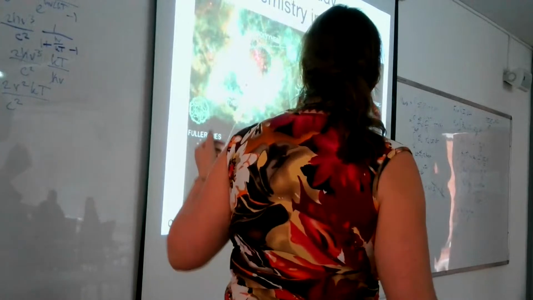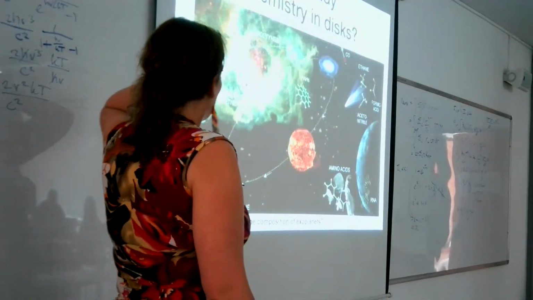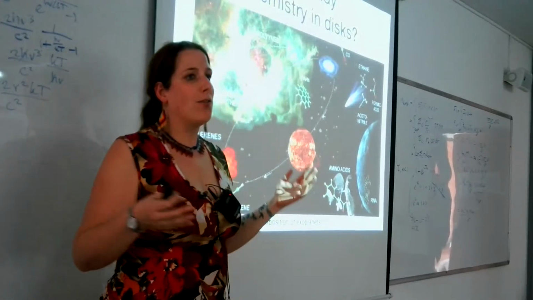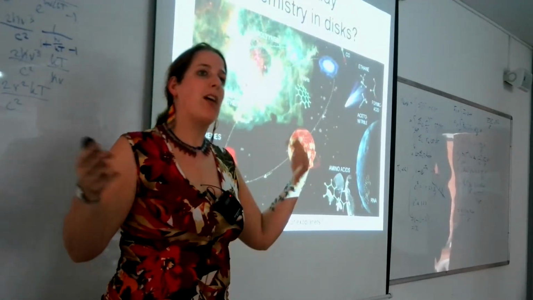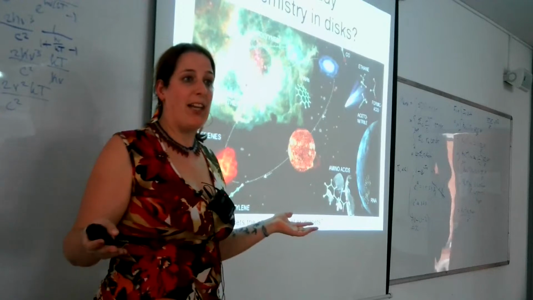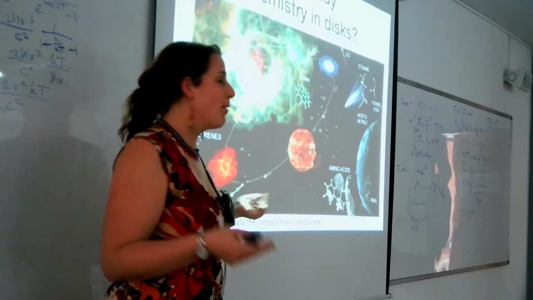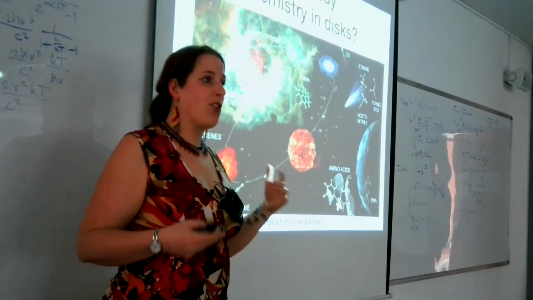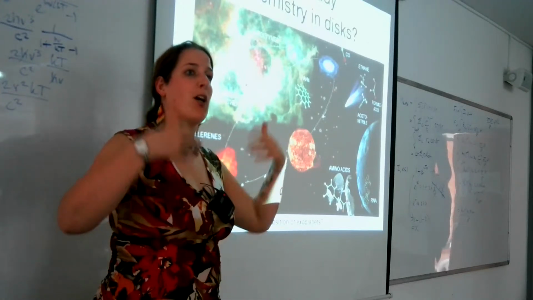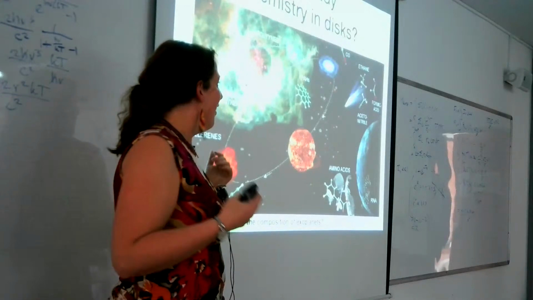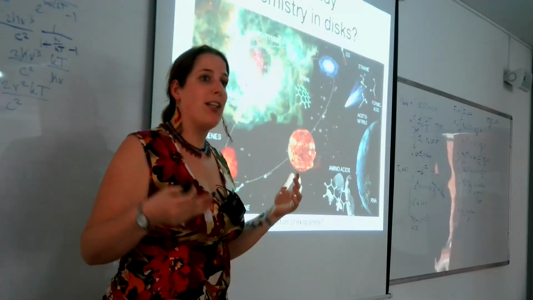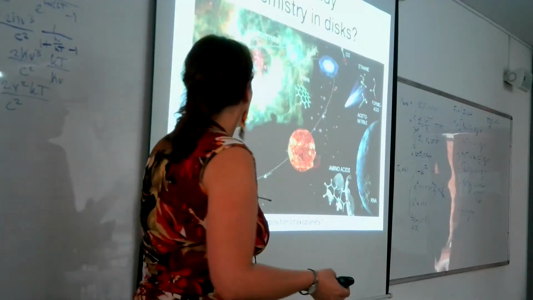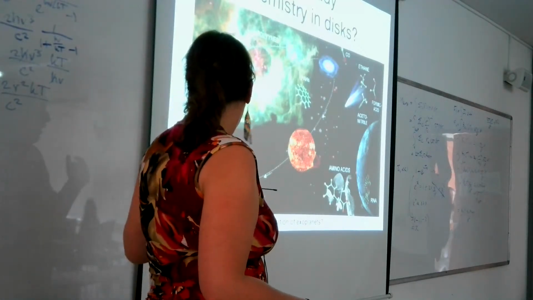So why do we want to study chemistry in disks? This is part of the cycle of how life started on a planet, at least on Earth, maybe on other planets, where these molecules become larger, more complex, actually being able to form amino acids, DNA, and other biomolecules that live in life.